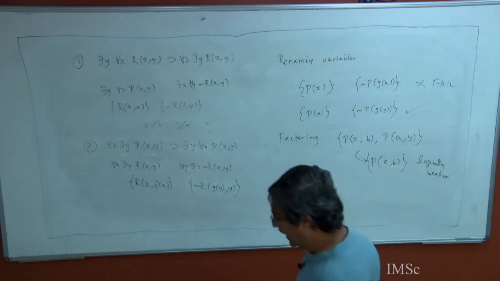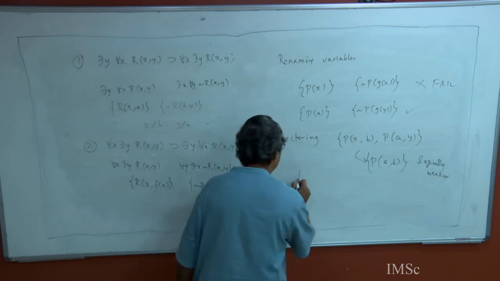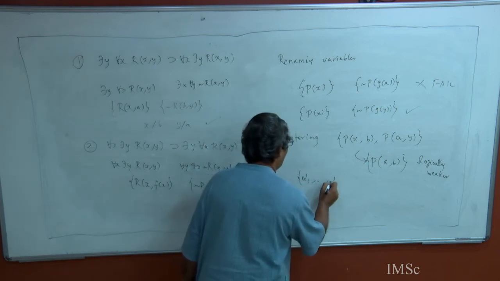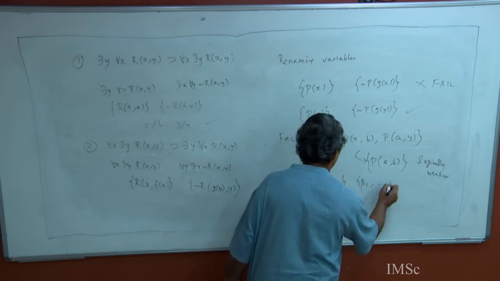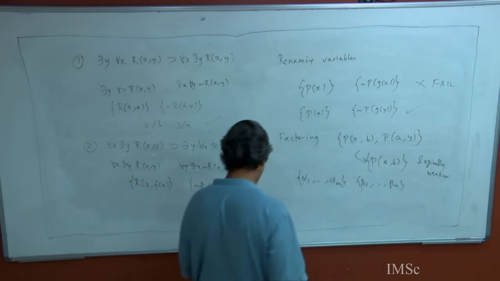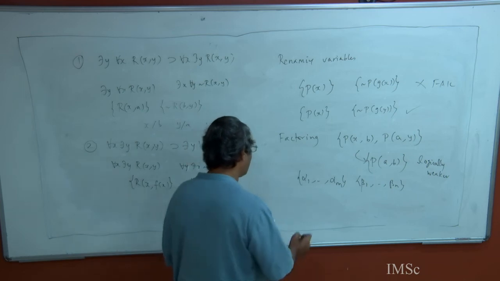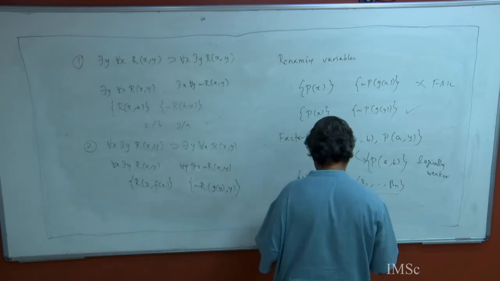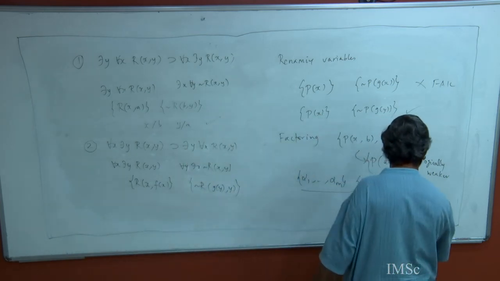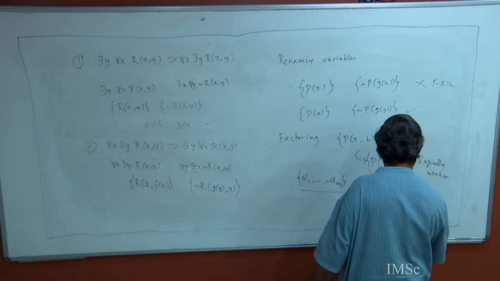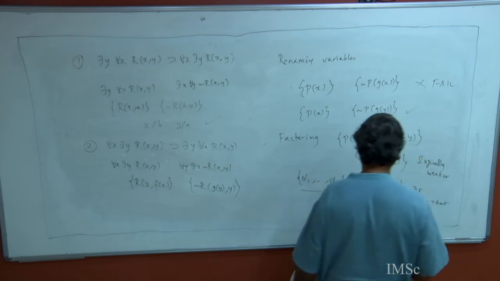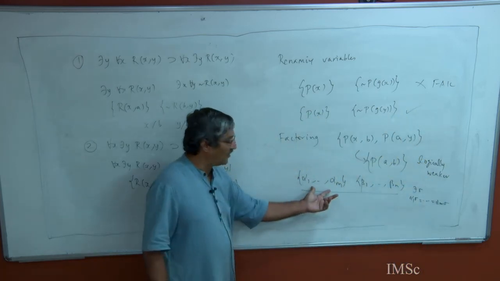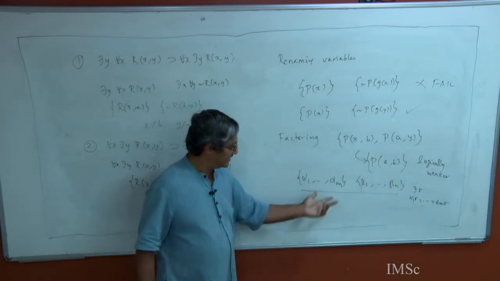Yeah. So factoring is something, so the rule formally stated is if I have got two clauses alpha 1 through alpha m and beta 1 through beta n, if there exists sigma such that alpha 1 sigma equals alpha m sigma, so there is some unifier for all these literals, right?